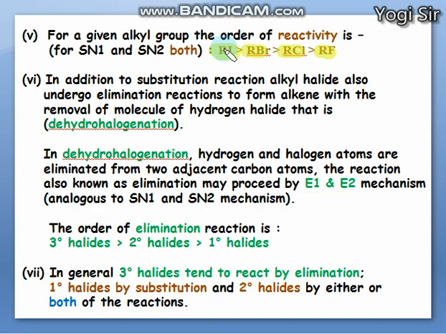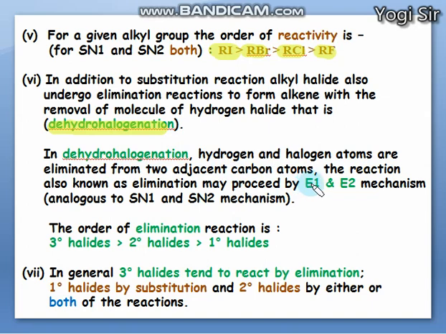Similarly, as we have seen for substitution, this also applies to the elimination reaction, that is dehydrohalogenation, the removal of hydrogen as well as halogen from the alkyl halide. It again follows a similar pattern.